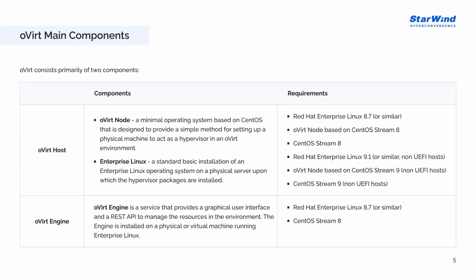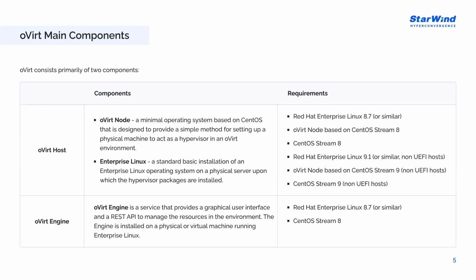And then you have another type of oVirt host, which is based on enterprise Linux. So as you probably understand, it is the standard basic installation of an enterprise Linux OS on a server, upon which we have the hypervisor packages. Now, you can mix oVirt nodes and enterprise Linux hosts in the oVirt environment.